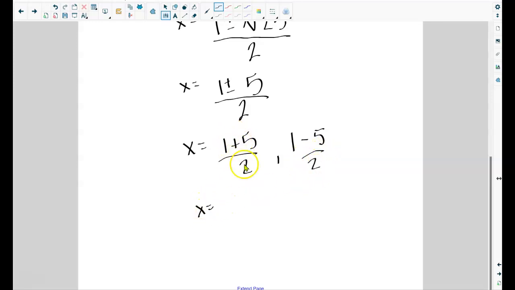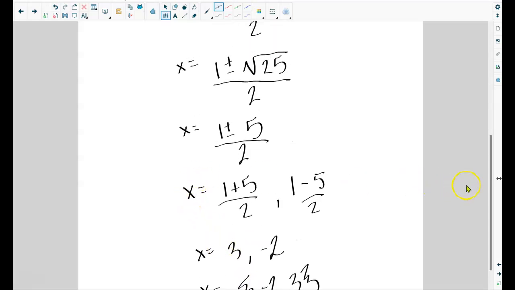So this is 6 over 2, which is 3, and we have negative 4 over 2, which is negative 2. And we can put the finishing touch: x equals negative 2 and 3 is the solution to this quadratic.